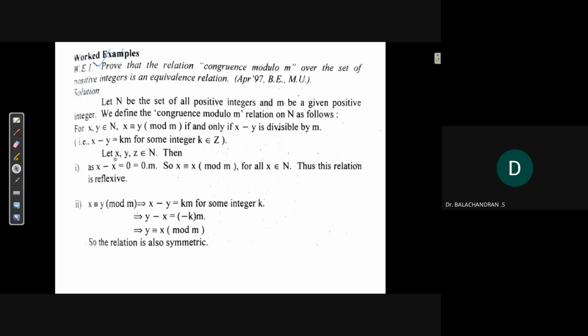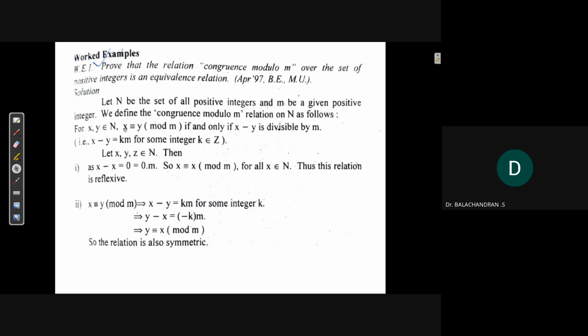So I take x, y, z belonging to the set. Reflexive means x is related to x. Instead of that, you can show x is congruent to x modulo m.